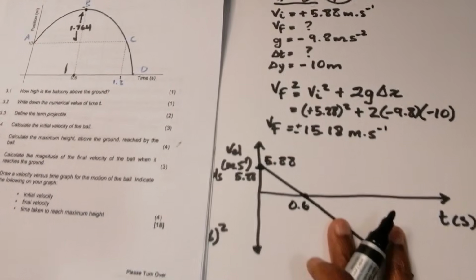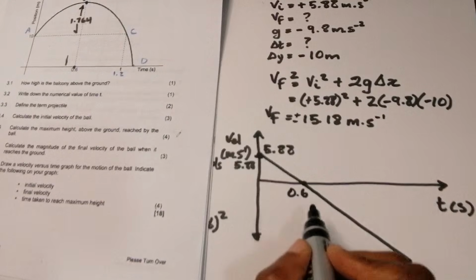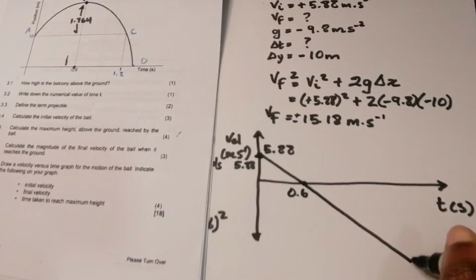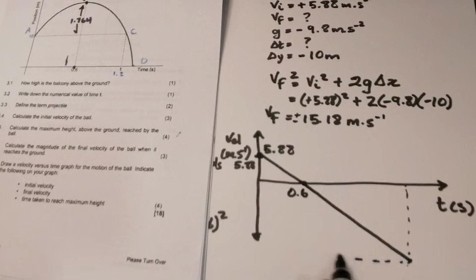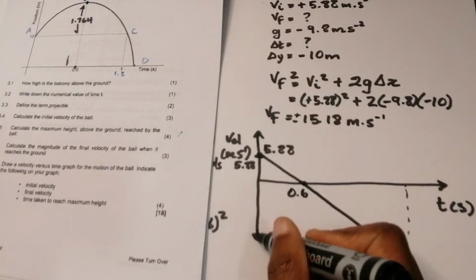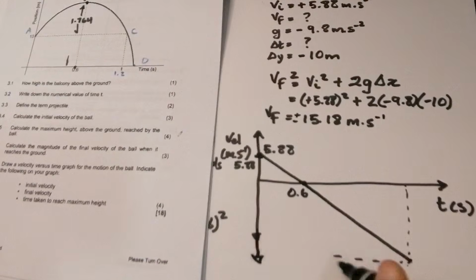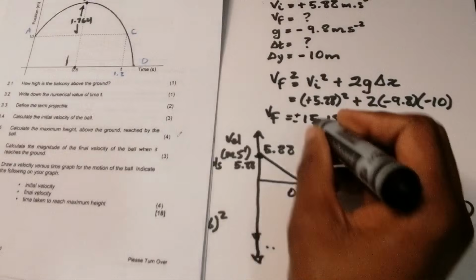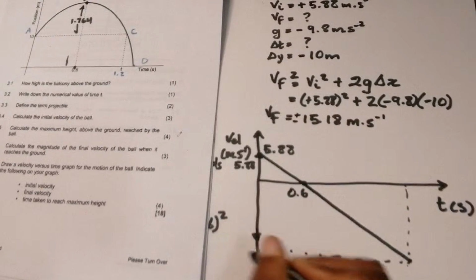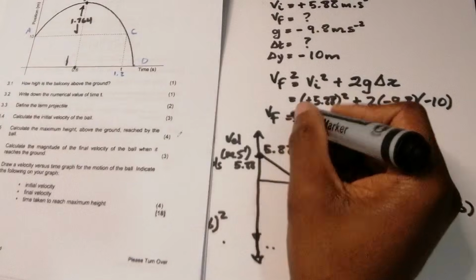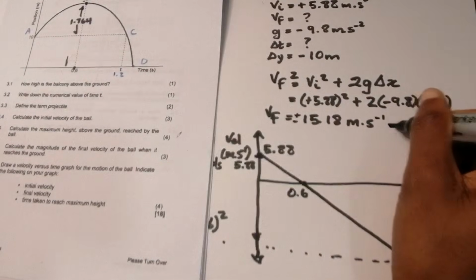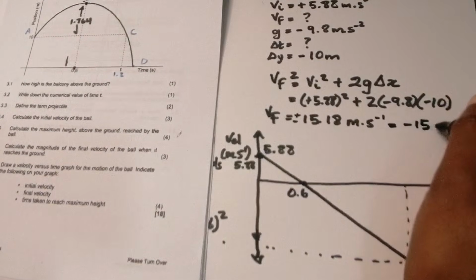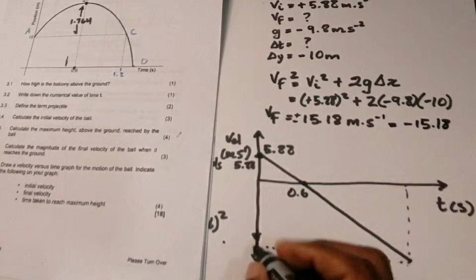Okay, and what else do we know? We also know the final velocity. We know when it landed on the ground. Let me just stretch that a little bit. Sorry. So I know when it landed on the ground, and by the way, you see where that issue of having a minus comes in, right?